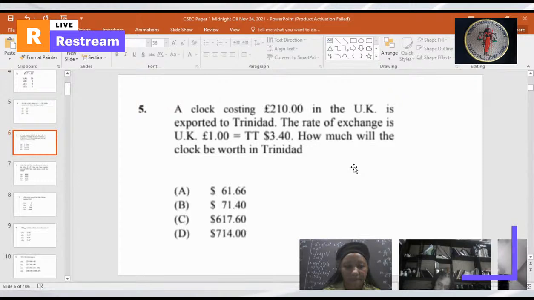Okay, Miss. Number 5. A clock costing 210 pounds in the UK is exported to Trinidad. The rate of exchange is £1 equals $3.40 Trinidadian.